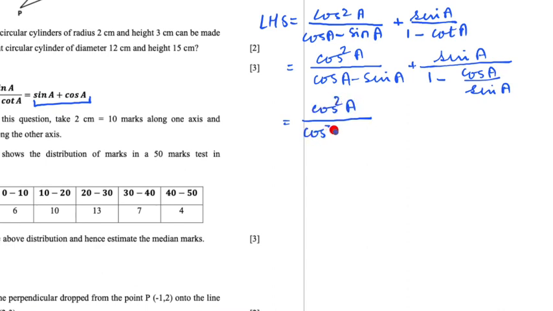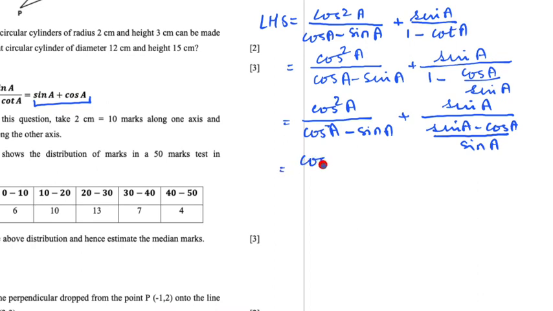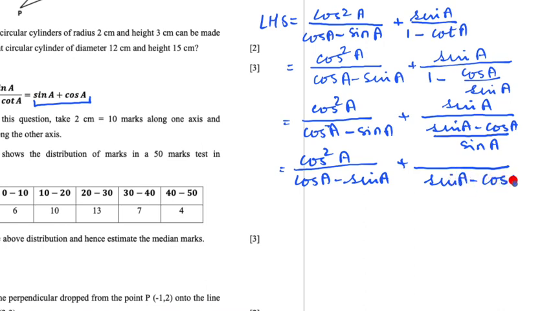I don't want to change this cos A minus sin A, plus here I'll write as sin A, and in the denominator I will take LCM, so sin A minus cos A upon sin A. Alright, so we will have cos square A upon cos A minus sin A, and plus here we will keep this sin A minus cos A, and this will go up and multiply the numerator, so it will be sin square A.